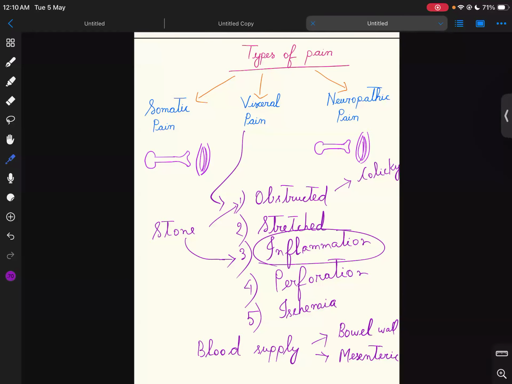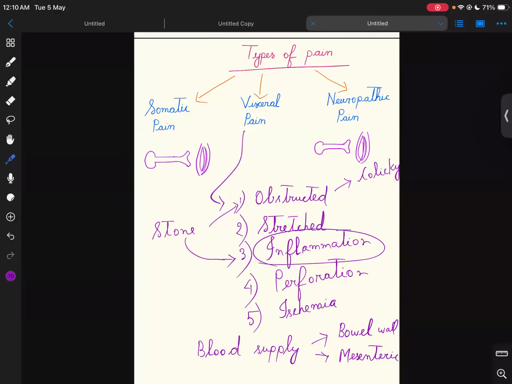This happens due to one of these pathologies: if it is obstructed, if the capsule gets stressed, if it is causing inflammation due to irritation, if it is causing perforation, if it is causing ischemia, at that point you will feel the pain. It is true for all the viscera inside our body.